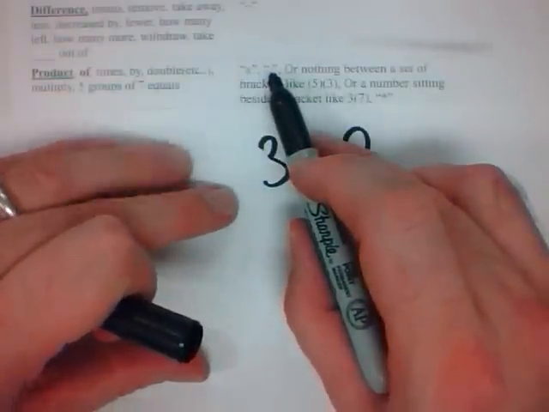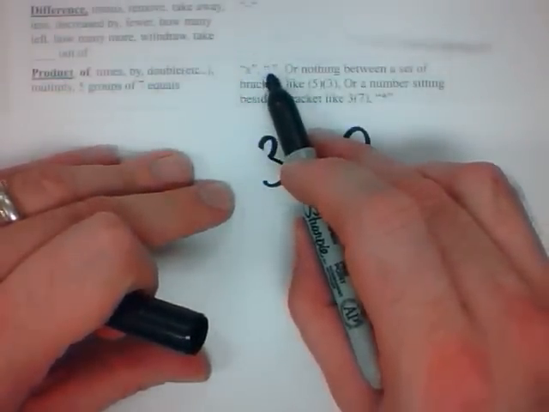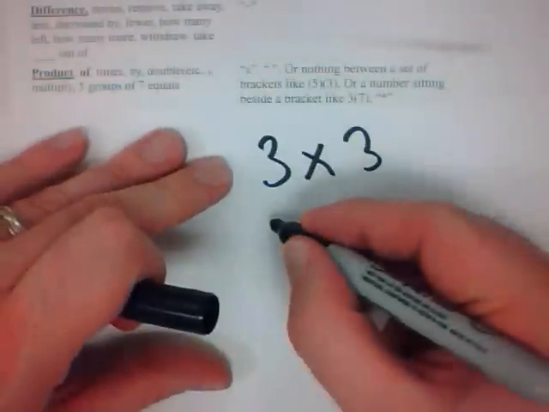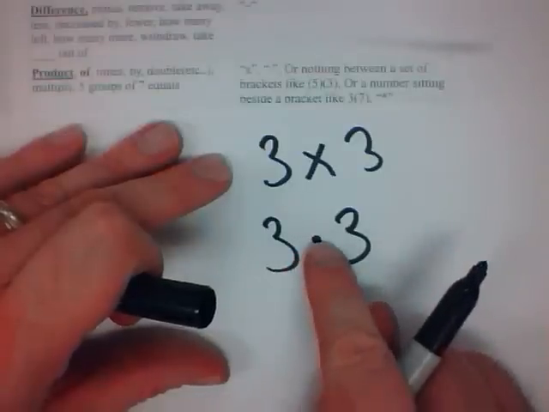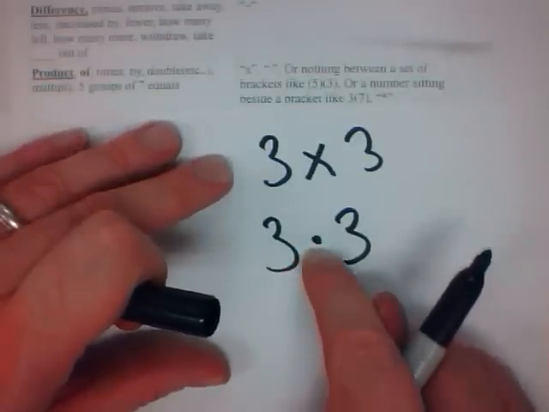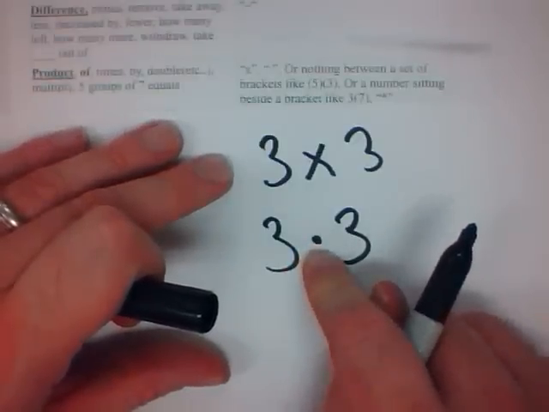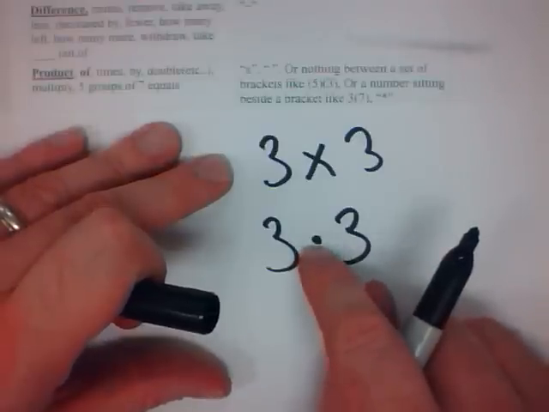This one is a little harder to see on this handout I made. This can be 3 times 3. Notice the position of the dot. If you put the dot too low, it's a decimal. But here, this can be times 3. I don't use that very often, but it can be.